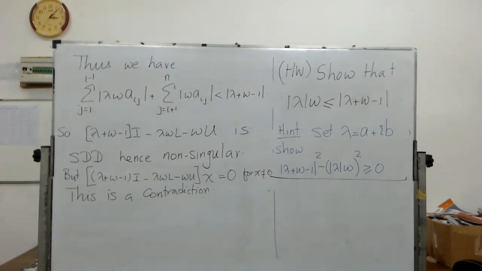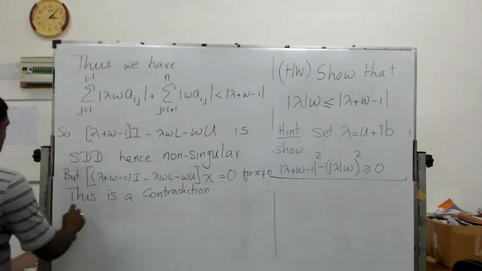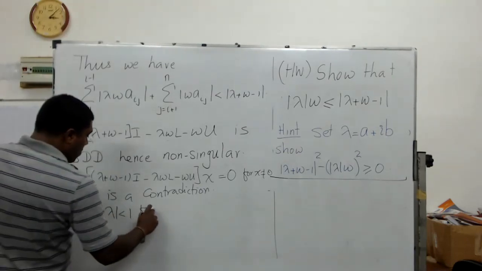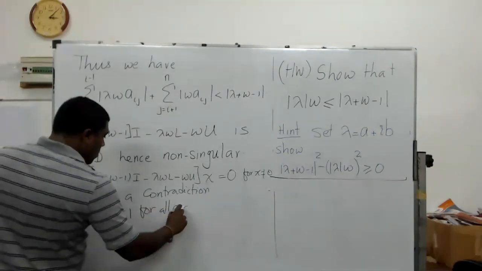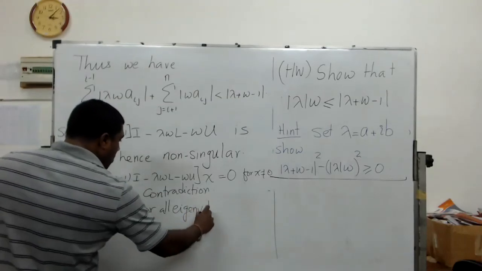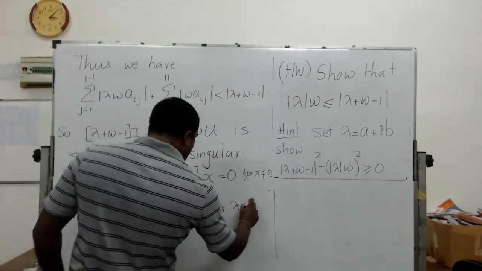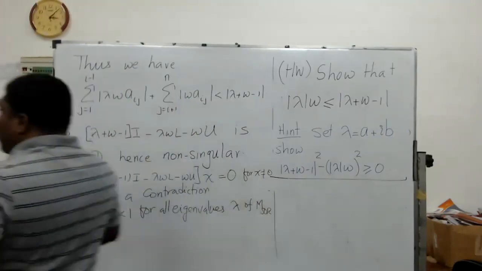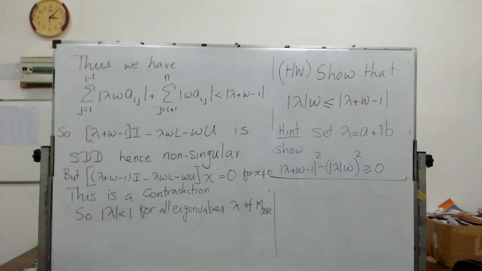What you assumed is that the eigenvalue lambda has absolute value greater or equal to 1. So what we assumed is that for any arbitrary eigenvalue lambda of M_SOR, the absolute value is greater or equal to 1. But that is wrong.